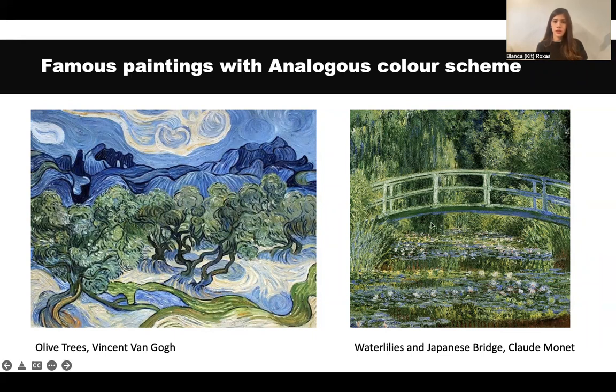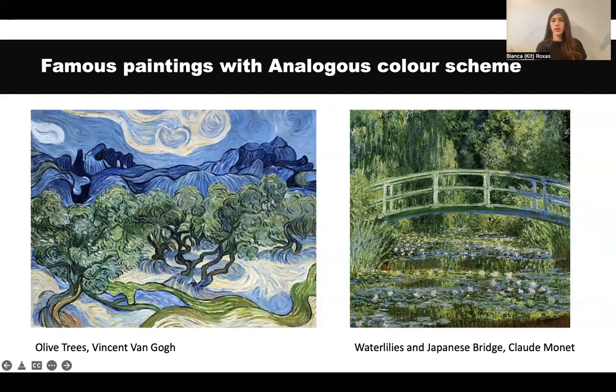And then here we have the painting of Claude Monet, the father of Impressionism. He used yellow-green, green, and blue-green mainly on this artwork, Water Lilies and Japanese Bridge. So this is considered an analogous color scheme.